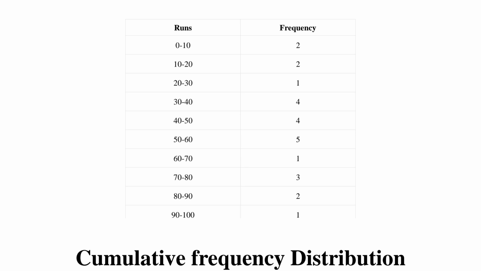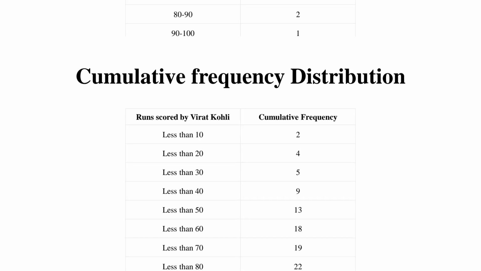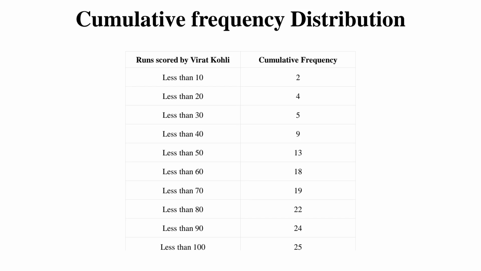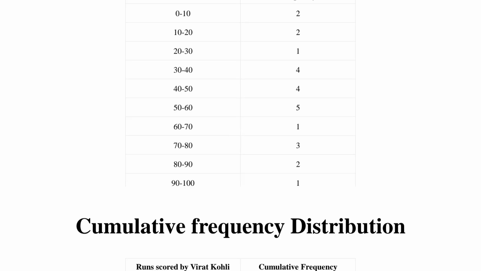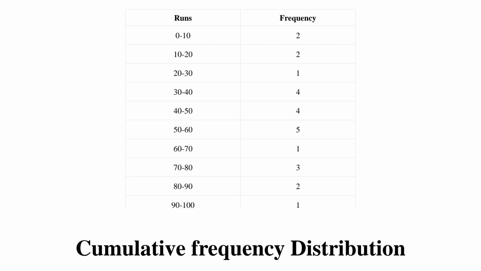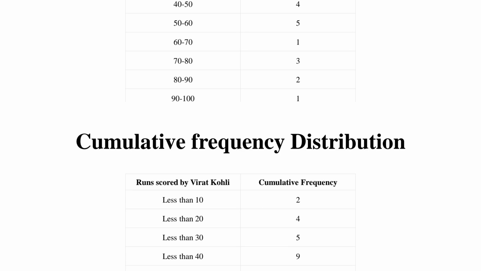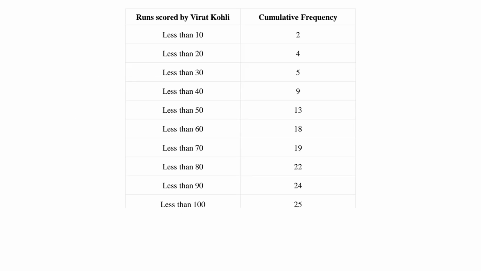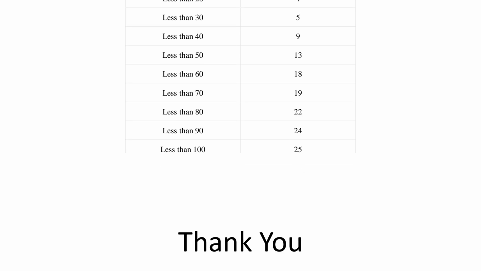When we take 10 to 20, we add it to the previous frequency. Here, less than 10, less than 20, we take the maximum values and add everything up to them. Less than 20 covers these two classes, 0 to 10 and 10 to 20, so we add 2 plus 2, which is 4. Like this we add till the last value. We get the total cumulative frequency as 25.